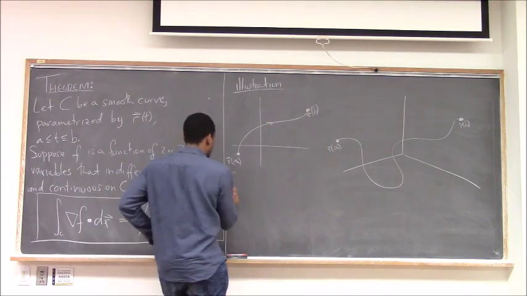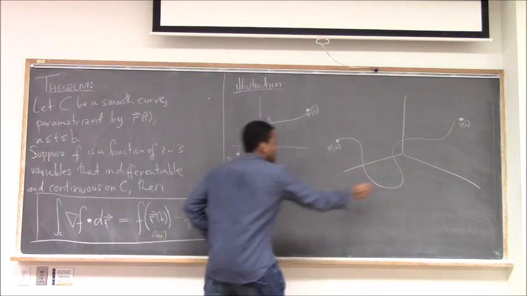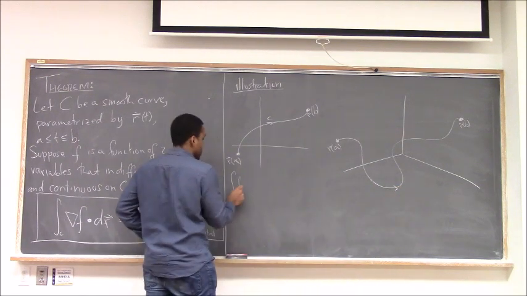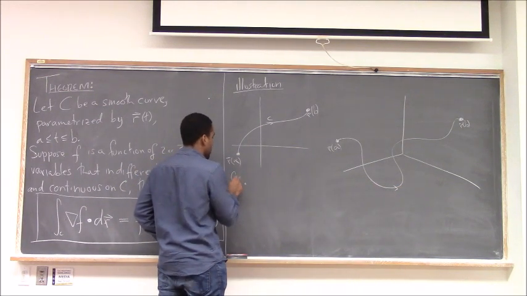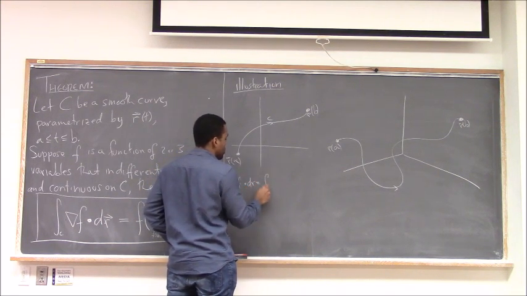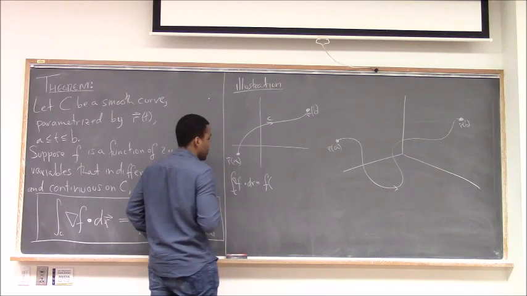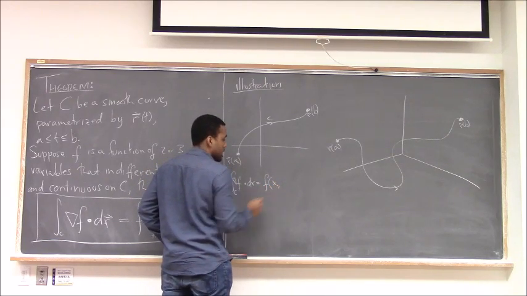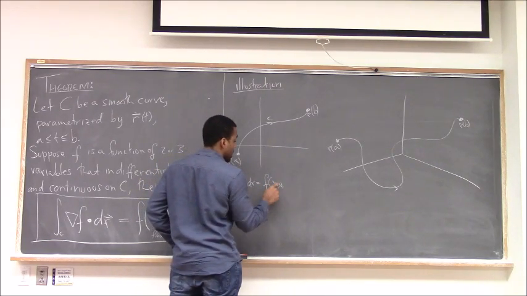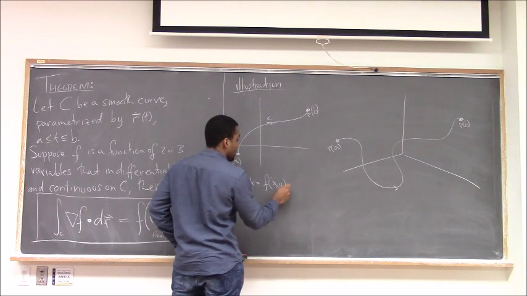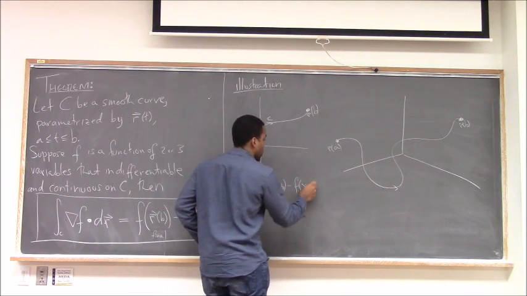In this case, if I take the line integral along C, this is my path C, of the gradient of some function dot dr, that's just going to be my f evaluated at this point. You'd actually plug in the coordinates here, so it's f of x2, y2 minus f of x1, y1.